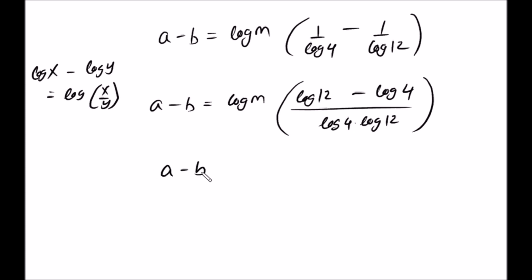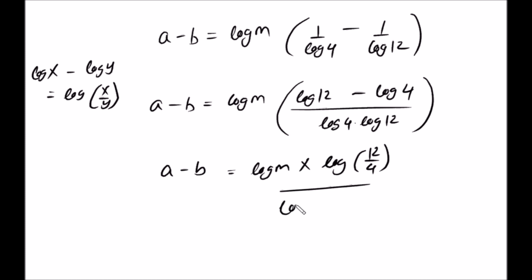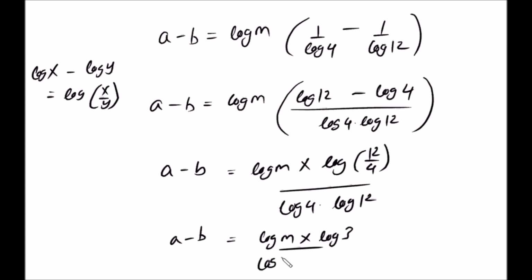Kwa hiyo manake a minus b itakuwa sasa na log of m times log of, so hiyo ni 12 over 4 ambayo sasa na log ya 3. So chini ya log of 4 times log of 12. Kwa hiyo a minus b now itakuwa sasa na log of m times log of 3 over log of 4 times log of 12.